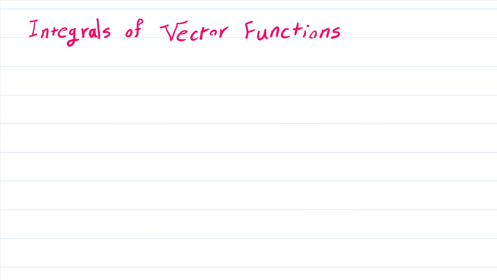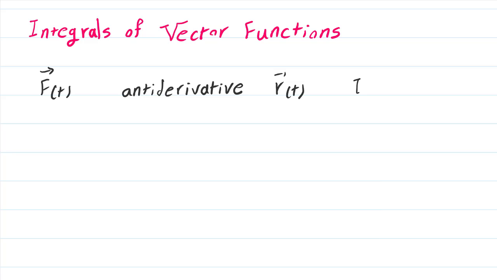The next part is about integrals of vector function. Suppose f of t is a differentiable vector function. We say f is an antiderivative of r at each point of this interval whenever derivative of f with respect to the t is equal to the r of t at each point of this interval.